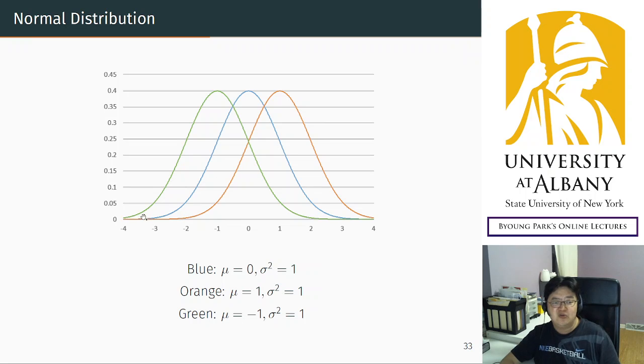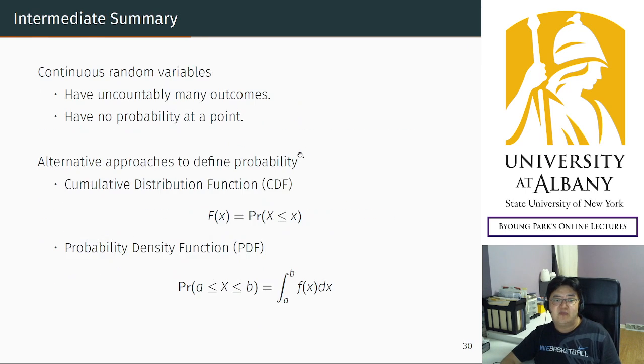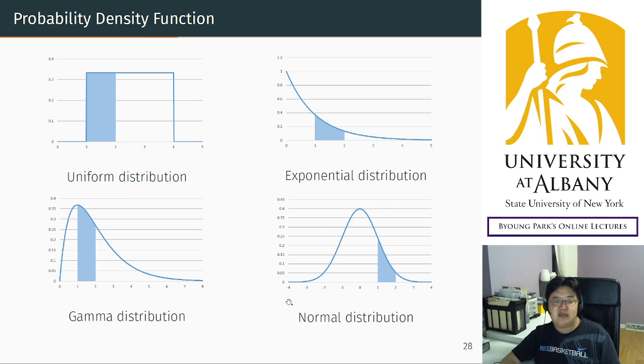By the way, you know this graph is the bell curve. The bell curve is the probability density function for a normal distribution. So remember, I already introduced the bell curve here. The area below the curve is the probability.